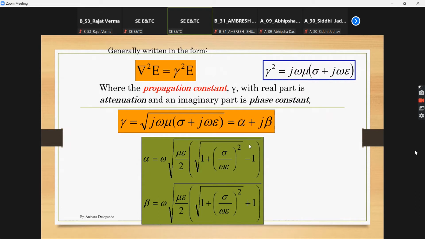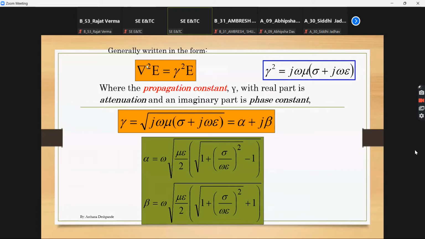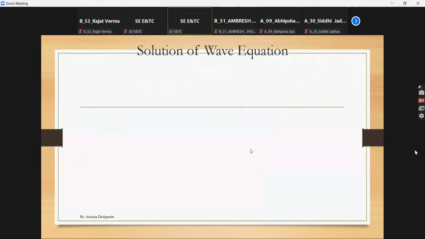The real term is called the attenuation constant, and the imaginary term is called beta, which is the phase constant. Now, this is a wave equation in which we are expressing the wave in terms of the electric field, which is time varying. So now we are going to imagine how this electric field is going to be.